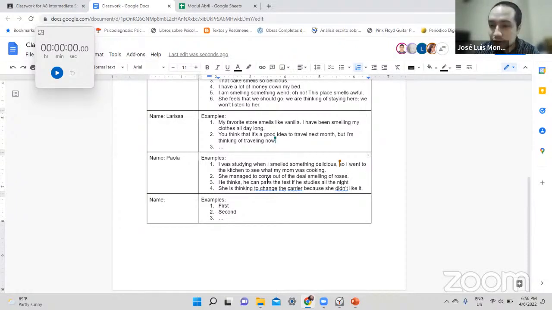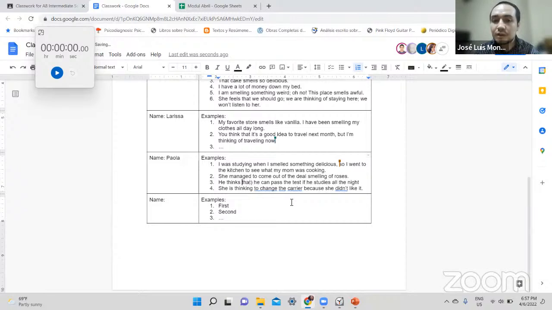Okay? Then before you do that, Paola, in number 3, this is not one idea and this is not the other idea. Here, this is a clause. And this is an opinion. With opinion, we are not going to use a comma, all right? It's going to be incorrect to use a comma. You can leave it just like that. He thinks he can pass. Or the best way, Paola, the formal way is to say that.